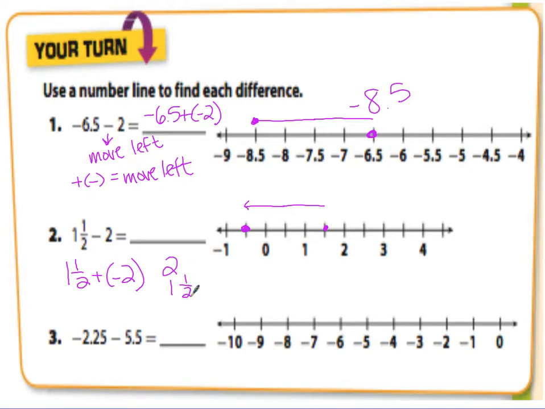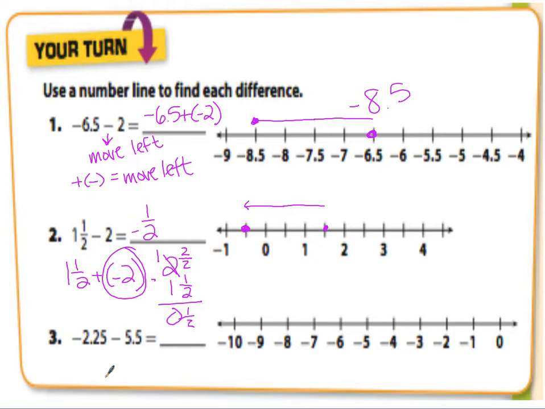So 1.5 and 2 are going to be subtracted. I know that 2 has the greater absolute value, so my answer has to be negative. I have to borrow from the 2, so I'm left with 1 whole. That other 1 whole turns into 2 halves. 2 minus 1 is 1 over 2. 1 minus 1 is 0. So my answer is negative 1/2. I got the same thing.